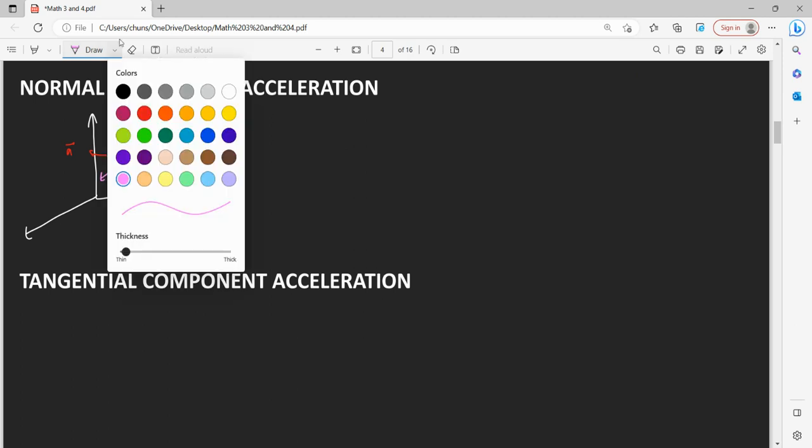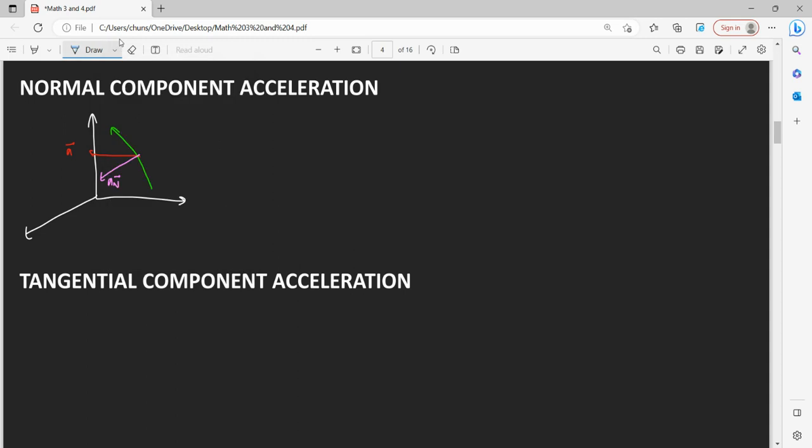I'm going to talk about both of these components together because it just makes a little more sense. So that's our normal component.